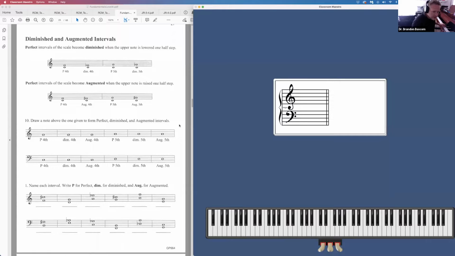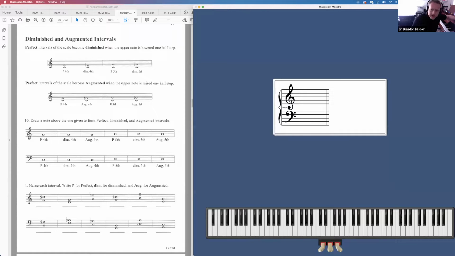So they're going to have us first draw a perfect fourth, and then we're going to diminish it, and then they're going to have us augment it. So we're writing out perfect, diminished, and augmented fourth. Diminished by lowering 1/2 step, augmented by raising 1/2 step.